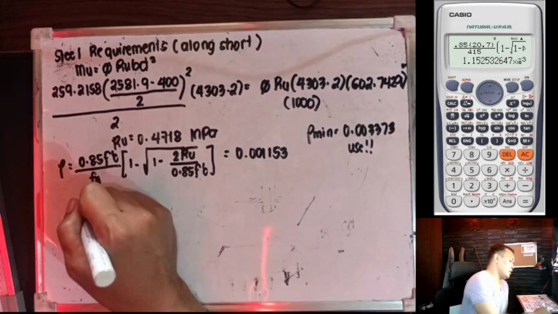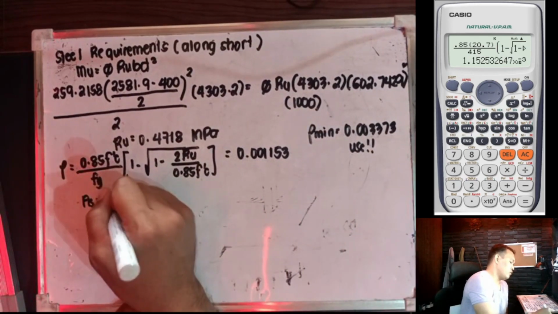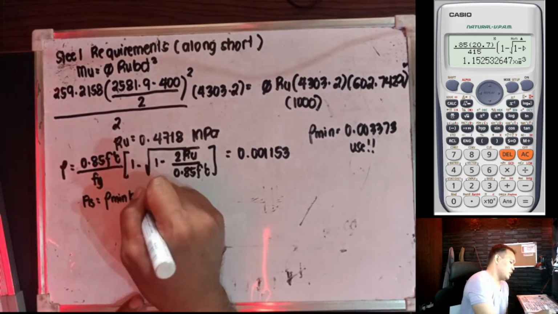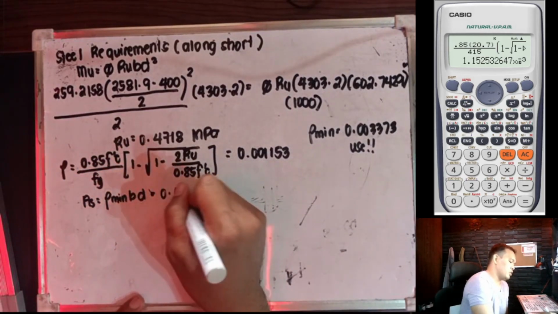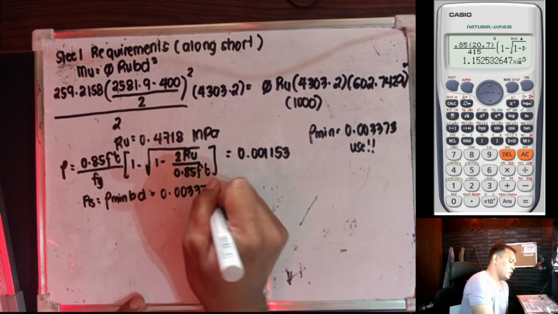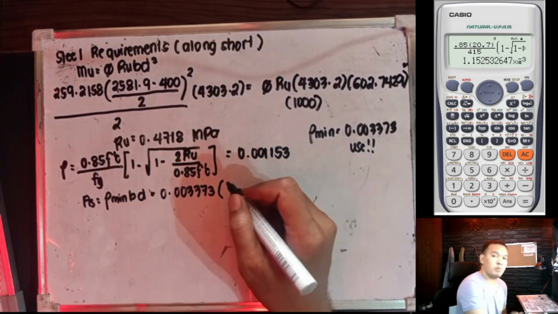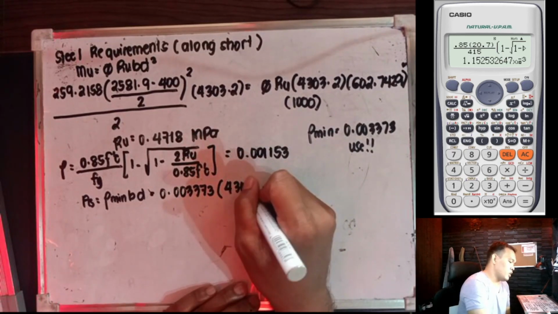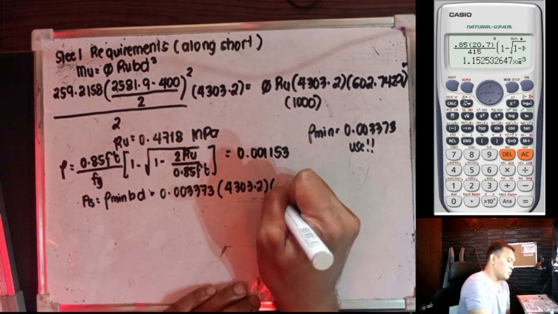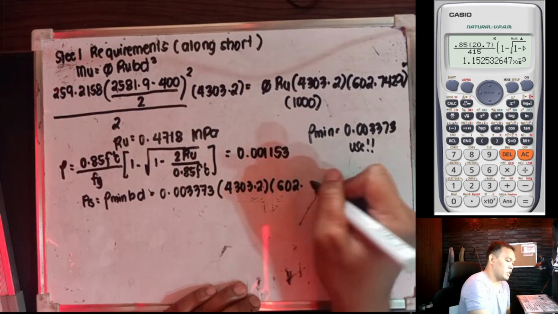So we have here AS is equivalent kay rho min B D. So we have here 0.003373 times B. Yung B natin ay yung magiging L, which is equivalent kay 4,303.2 times yung D, which is 602.7429.